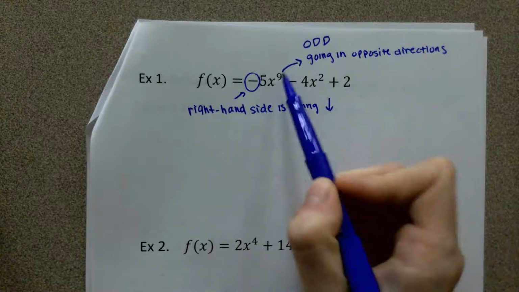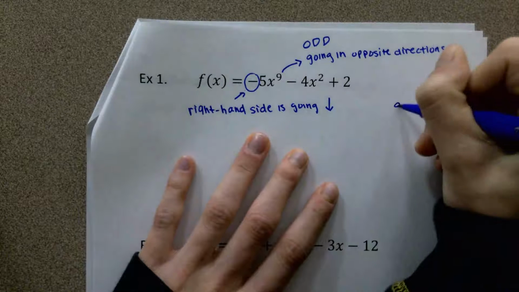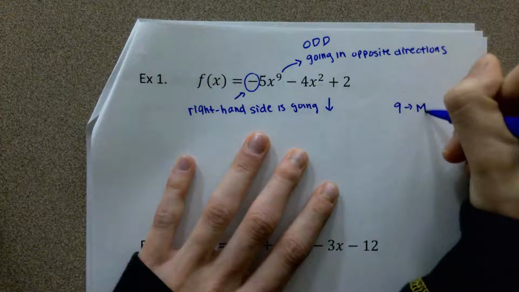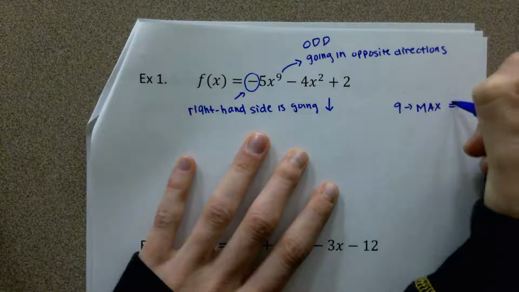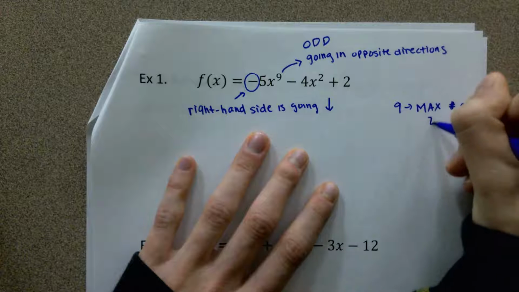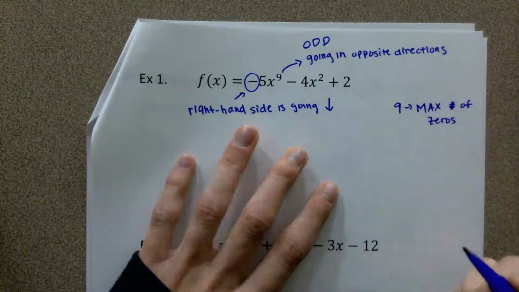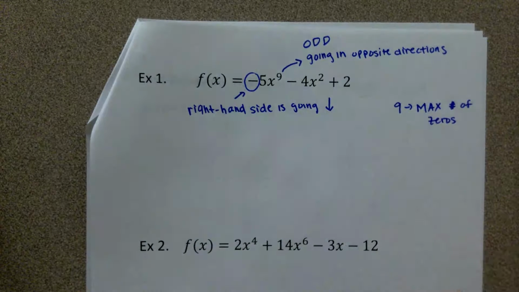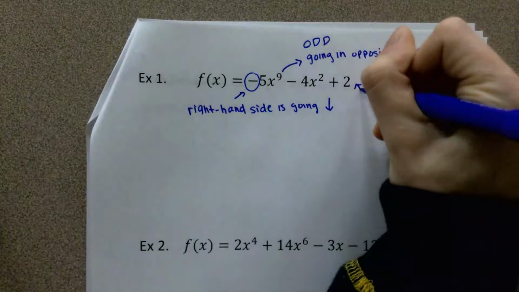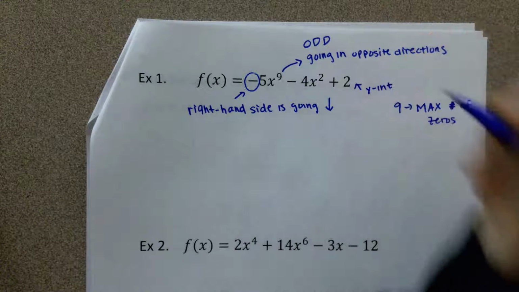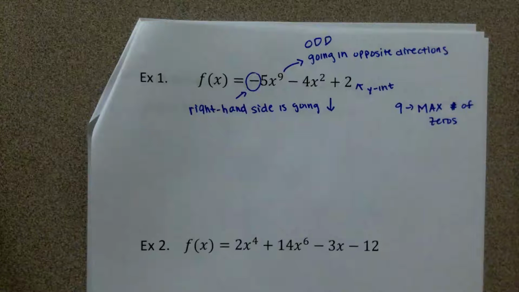Right? This 9 is also the max number of zeros that we can have. All right, and then this +2 is my y-intercept, and that's all that we have to look at.